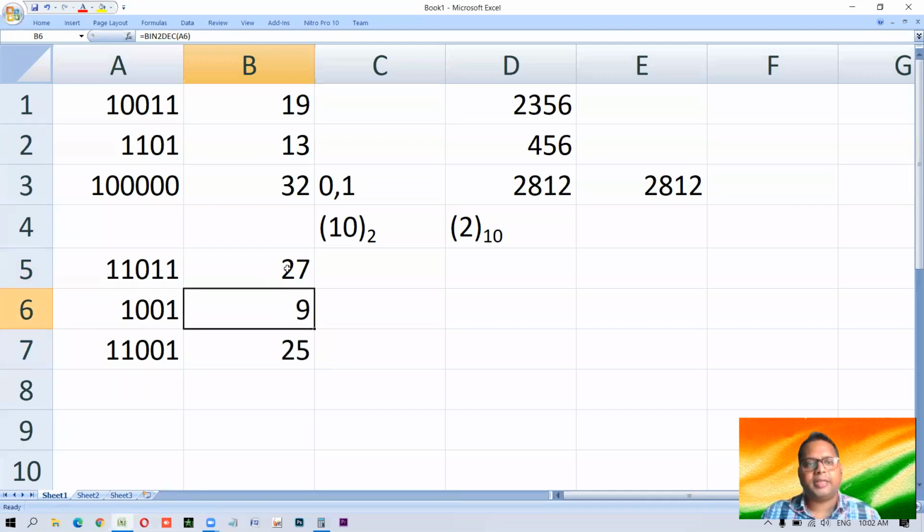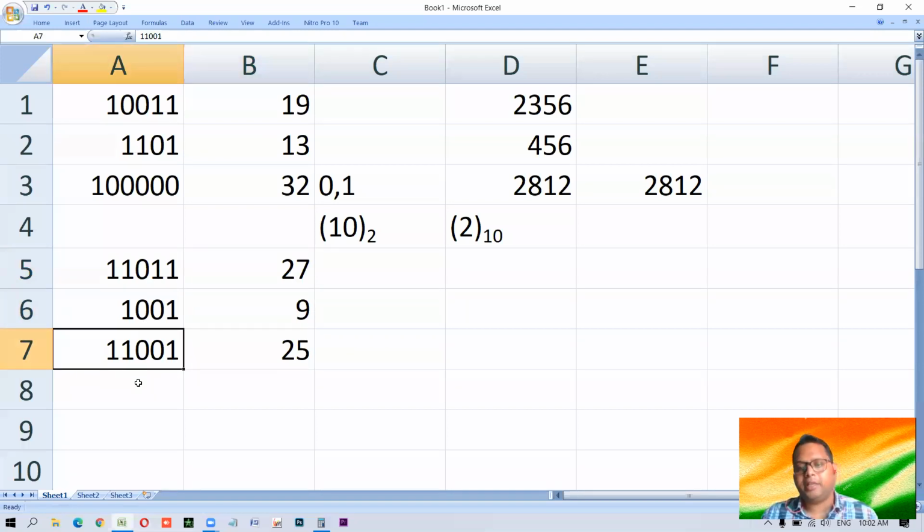Now we have got the decimal equivalent also of these binary numbers, and then we'll follow the same adding rule. What the rule says: add the numbers and start from the right hand side. So 1 plus 1 plus 1 makes what? 3. So you need to know the binary of 3. It's quite easy.